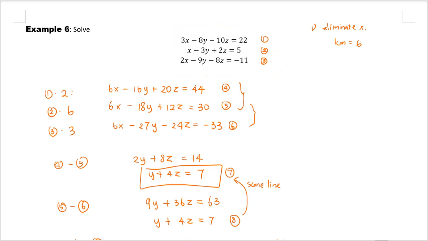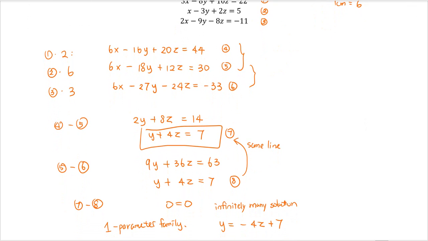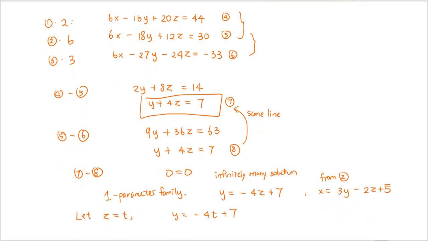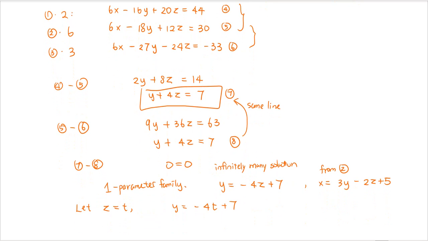So from equation 2, we get x equals, well, we move the 3y to the other side, it becomes positive. We move the 2z to the other side, it becomes negative. And we still have the 5. So 3y, y is negative 4t plus 7. Z is t.